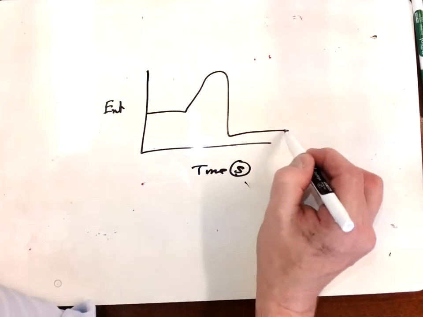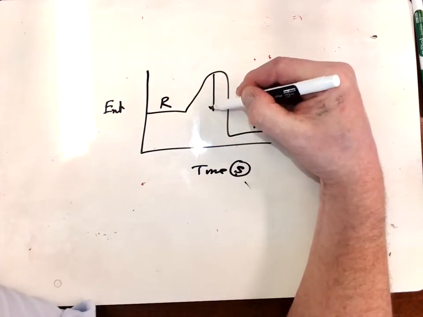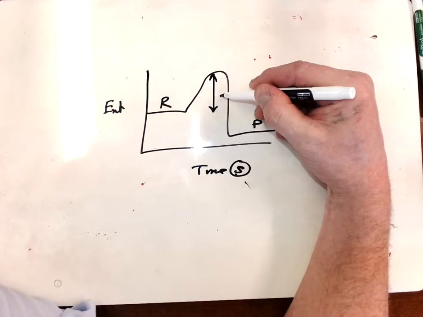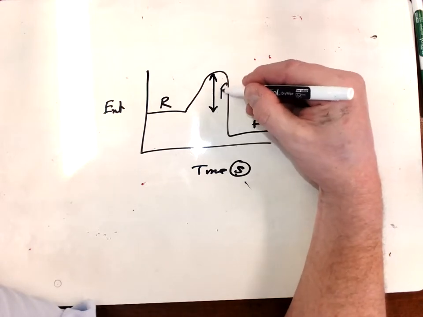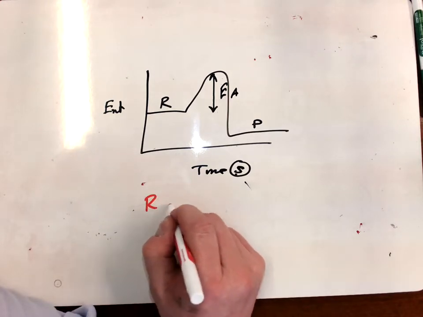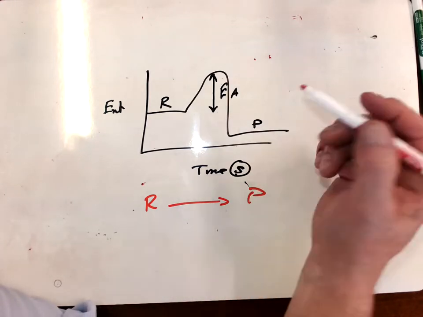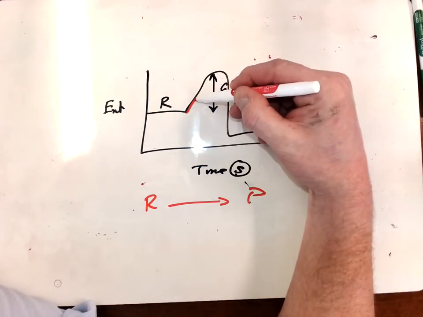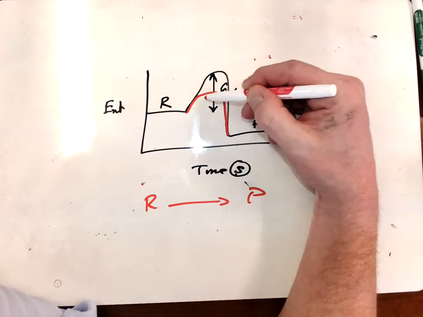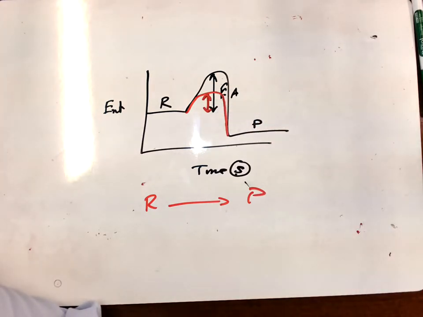So let's say I have a reaction where I have reactants and products, and this then is my activation energy, the energy I need to get from reactants to products. If I put a catalyst in, a catalyst reduces the activation energy. So my new activation energy with a catalyst is the red arrow, so it's smaller than the previous activation energy.